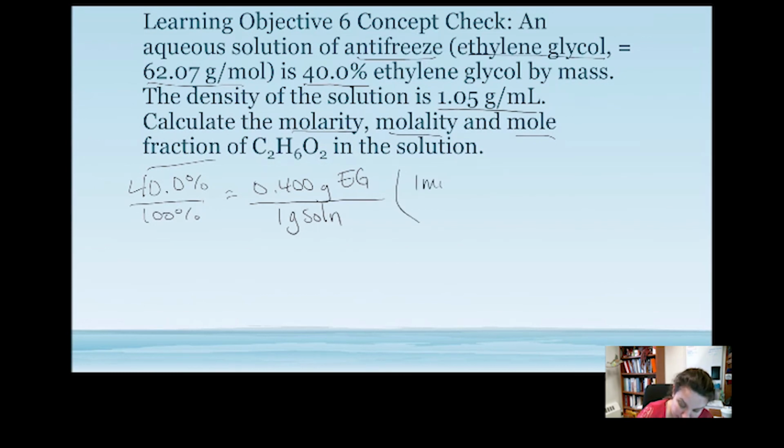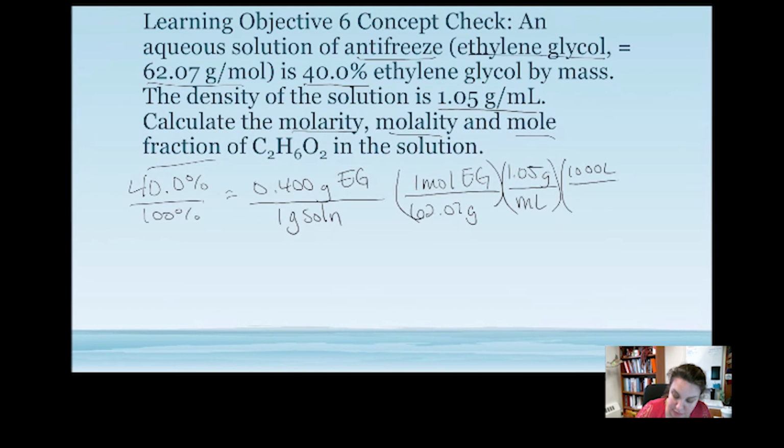Now from here, since we have our molar mass and we have our density, we can go into molarity. So we're going to take 1 mole of ethylene glycol, has a mass of 62.07 grams, and we're going to say that our solution, 1.05 grams per milliliter, and then convert it into liters, 1,000 milliliters per liter.